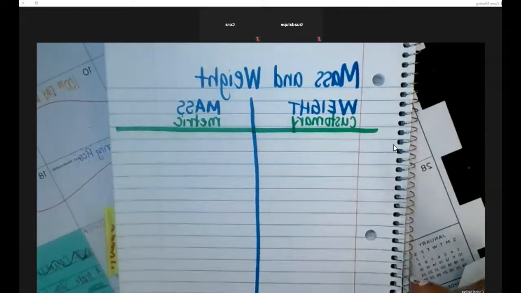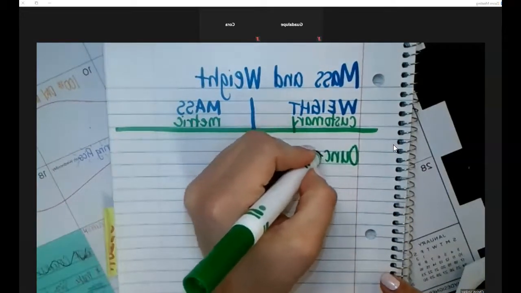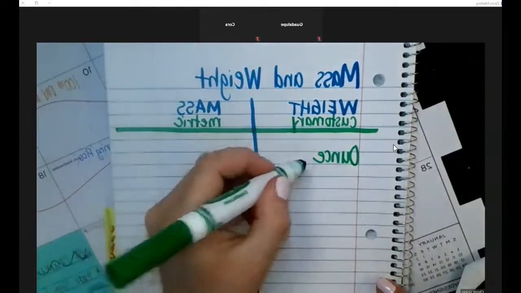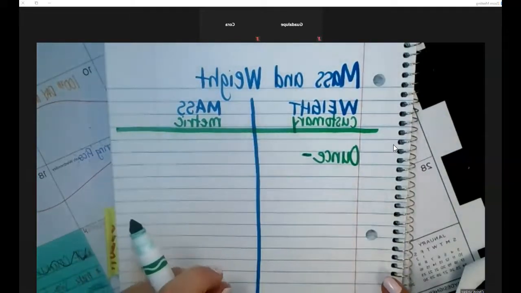Okay. Now for weight, yesterday we said an ounce. And this isn't a fluid ounce. This is a different one. Just an ounce means you're talking about weight. Does anybody remember anything that was about an ounce that we talked about yesterday? Kelsey?